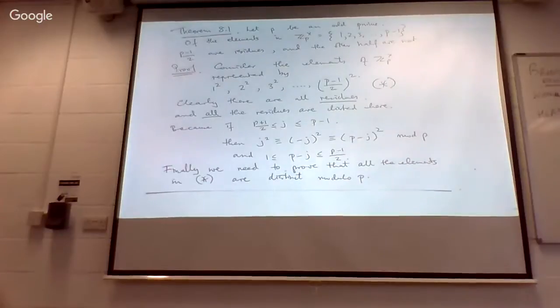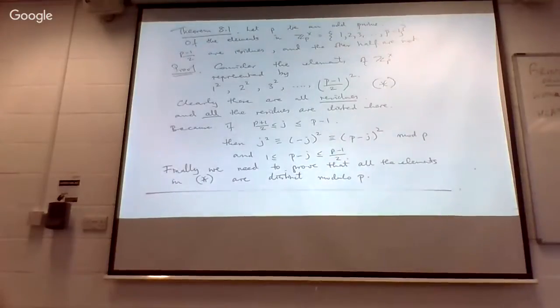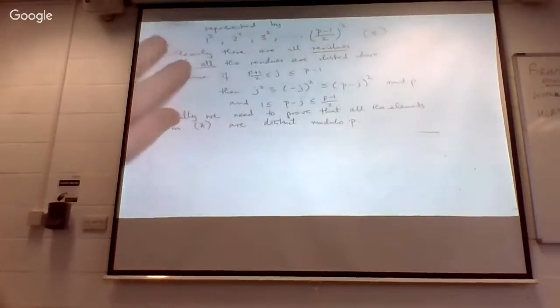Well, there's a couple of ways to do this. One way to do this, and it's slightly different from the way that's presented in the notes, is we could appeal to Lagrange's theorem.